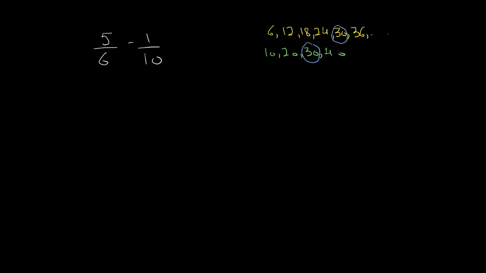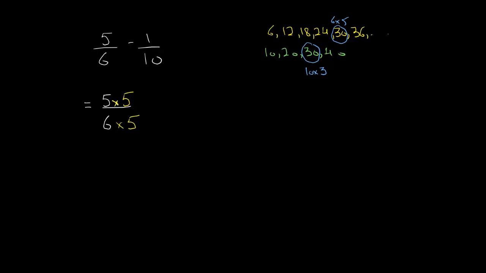So please note that 6 5s are 30 and 10 3s are 30, right? So what that means is that I have to multiply the 6 by 5 so that I can convert the 6 into a 30. But then I also have to multiply the numerator by the same 5, because if I don't multiply the numerator by the same 5, the fraction will change.